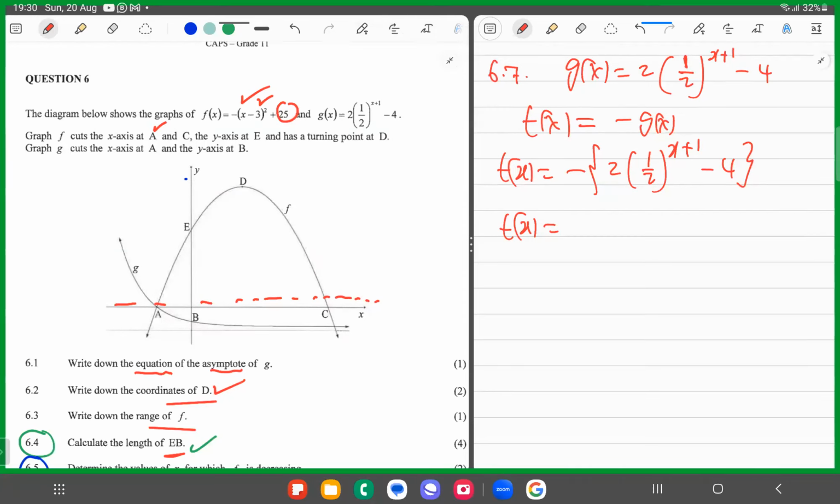Right, so what is this? Now the t, if you reflect in the x-axis, y becomes negative. So which means you have these. So the negative now multiplies through. So it's going to be minus 2 into 1/2 of x plus 1.